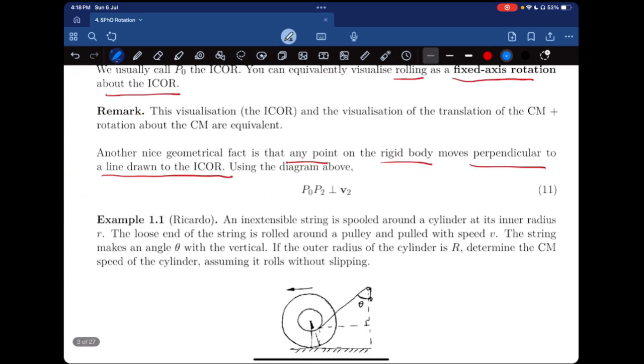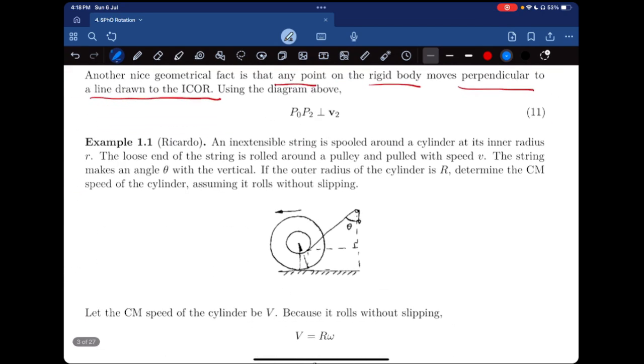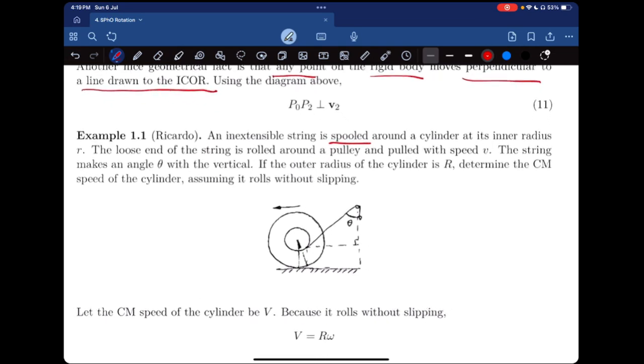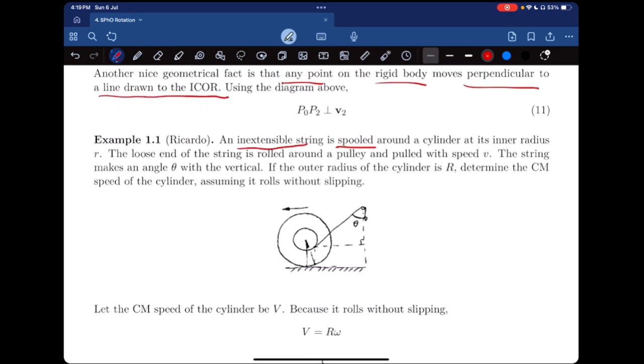So we will now look at how to deal with rolling. One common thing that is used in rolling problems are spools. Spools are basically a yo-yo. You have a few cylinders and a string that's wrapped around them, and then your string is just being unwound. In this case, you have an inextensible string that's around this cylinder.